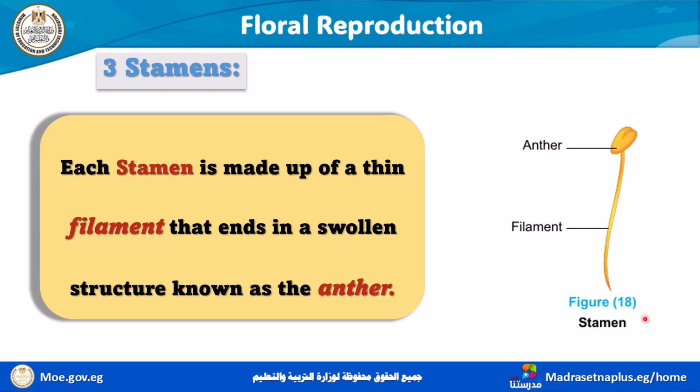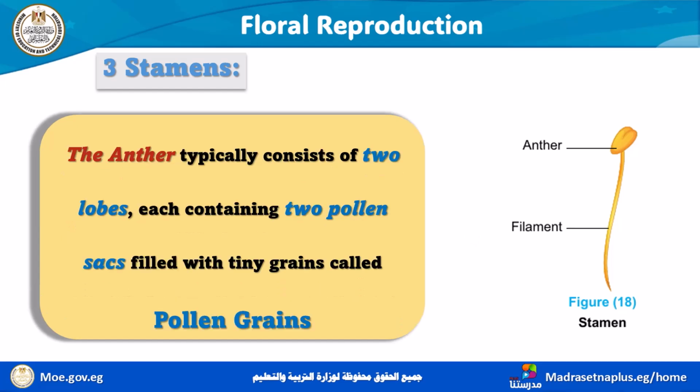Each stamen is made of a thin filament. This is the filament that ends by a swollen structure called the anther. So the stamen consists of filament and anther. Now, what is the function of stamen?